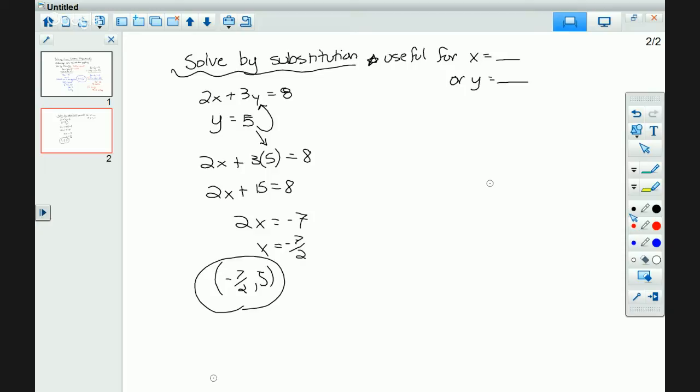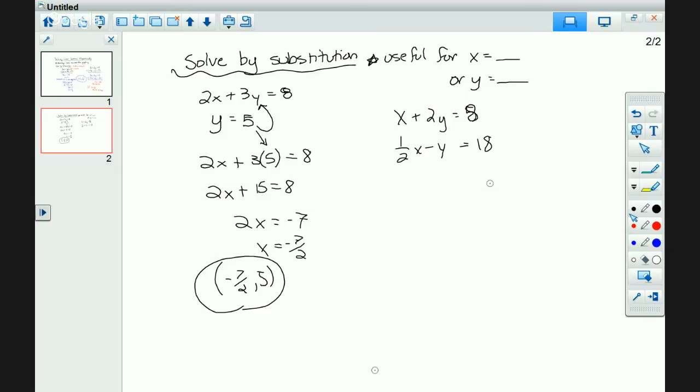One more substitution. This is not an automatic, just plug it in and go. You have to manipulate first. I know you guys are good at that.